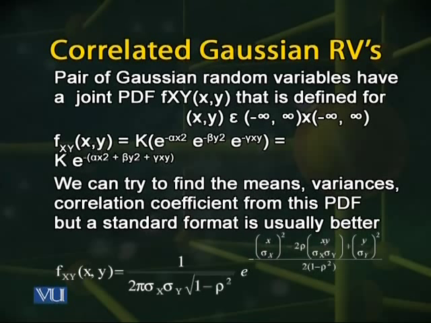I have used this expression to find the joint densities of a pair of Gaussian random variables which were not independent of each other. That is, the value of rho, the correlation coefficient, was non-zero.